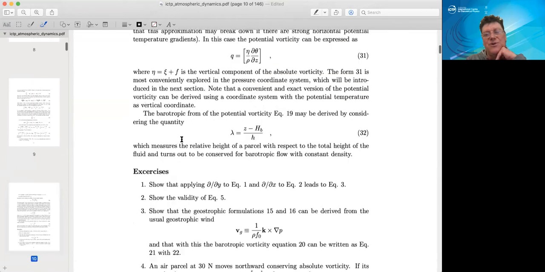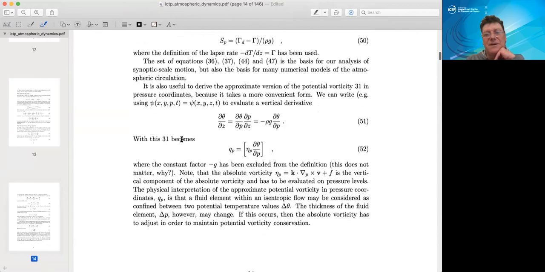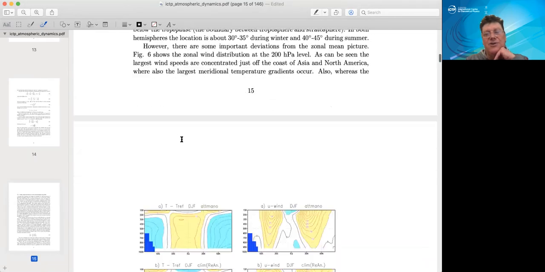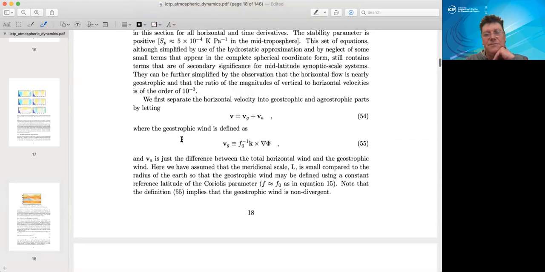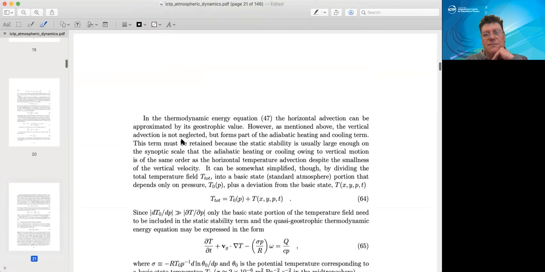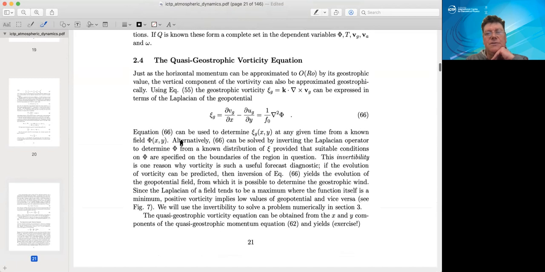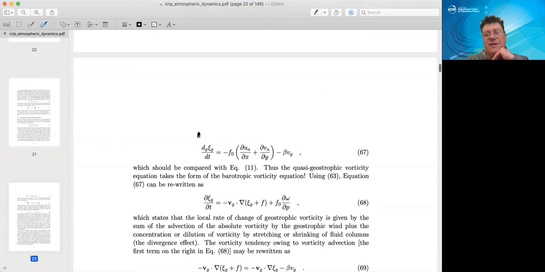On the other hand, we also know that an equivalent looking equation is actually valid for quasi-geostrophic motion, noting equation 66, where the vorticity can be expressed again as a stream function, a Laplacian of the geopotential divided by f naught.